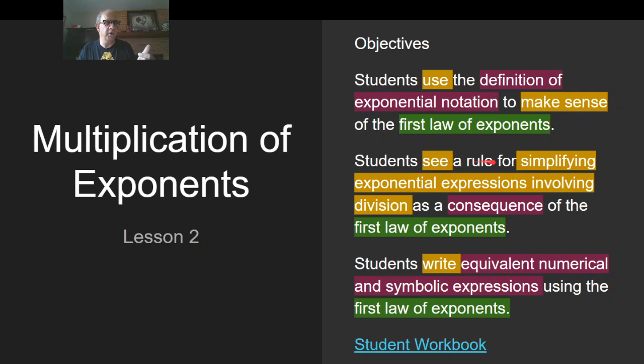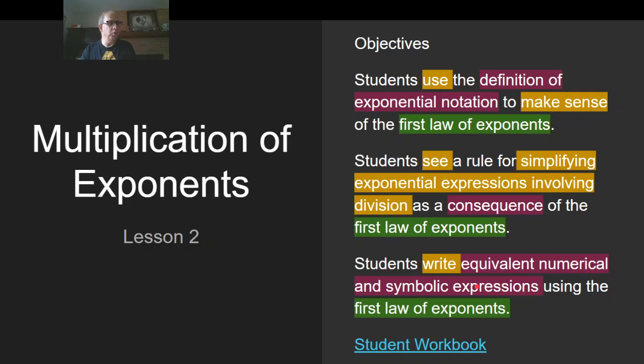We will see that rule. We will simplify exponential expressions involving division as a consequence of the first law of exponents. And then we will write equivalent numerical and symbolic expressions of the first law of exponents, right? So that's what we're going to learn this lesson.